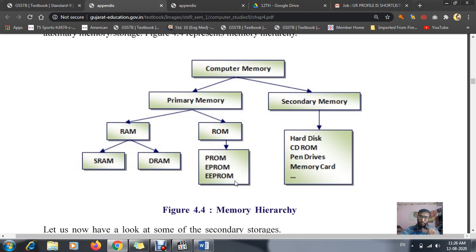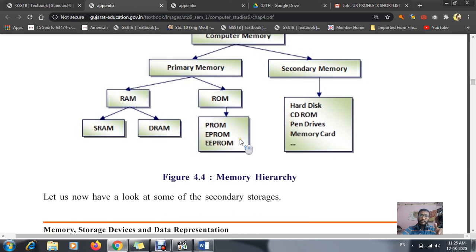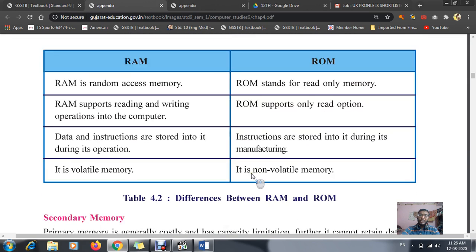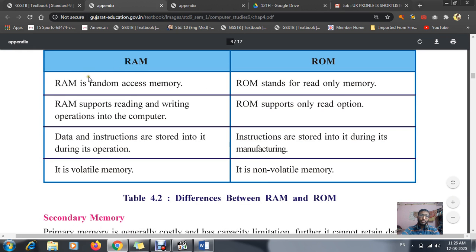Then we also learned the difference between RAM and ROM. The full form of RAM is random access memory, and the full form of ROM is read only memory. RAM supports reading and writing.